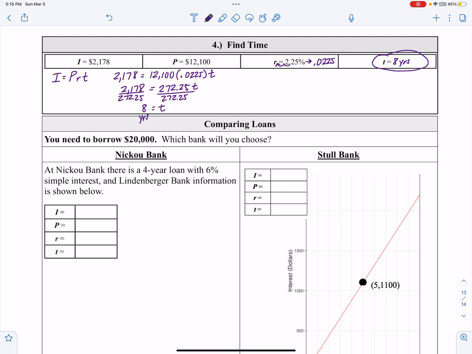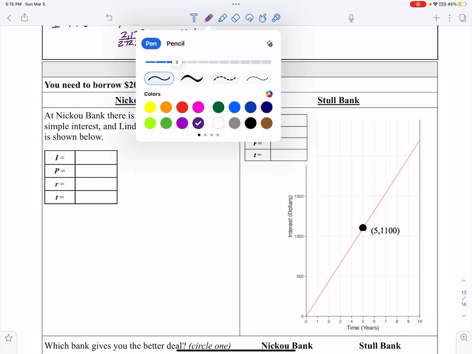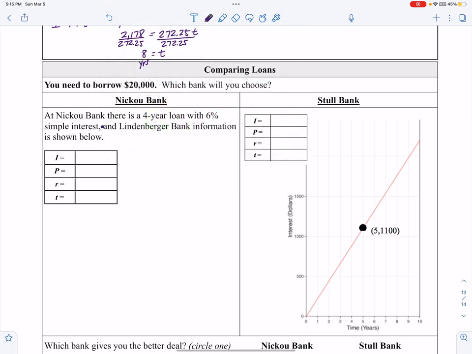All right, so the next one, sometimes we're going to compare loans. And so you solve the information for both and then make your best decision. So I'm going to go ahead first thing and, well, we'll just cross it out. This is all just extra typo stuff that shouldn't have been there. So I'm just going to scribble that out. One thing that you need to notice is there's information everywhere with this, so we really have to focus.